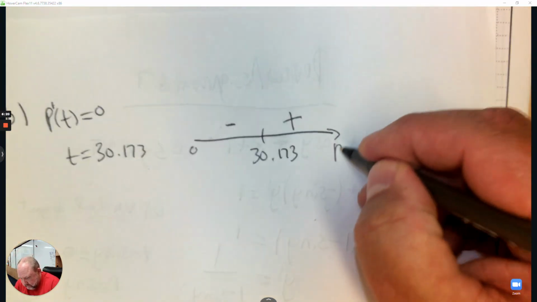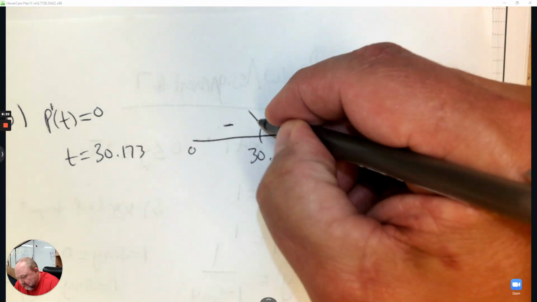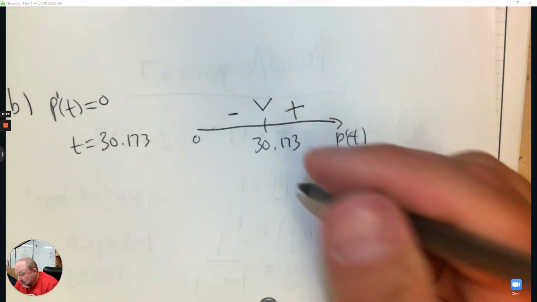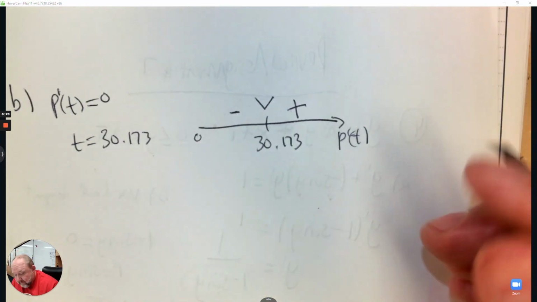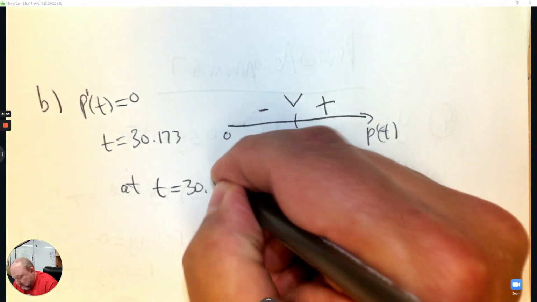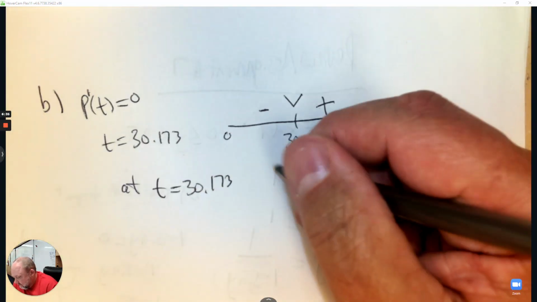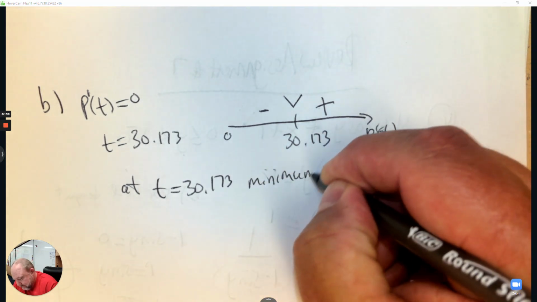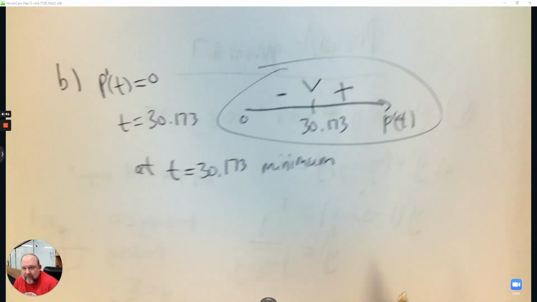So what do we have here? We have a minimum there. So if I read the question again, it says, for what value will there be a minimum? And the answer is at t equals 30.173 will be a minimum. And we showed, right, why it's a minimum.